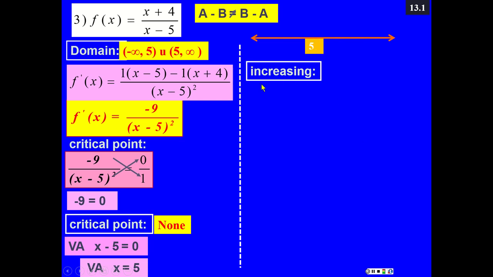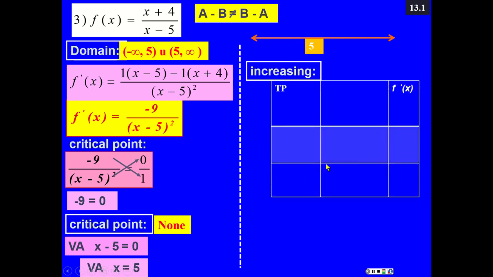Now, to find the increasing, decreasing, I have to go to the table with the first derivative. The easiest way to do it, I'm going to actually write my derivative down here. Then, pick a number on the left side of the 5, the easiest one is 4.